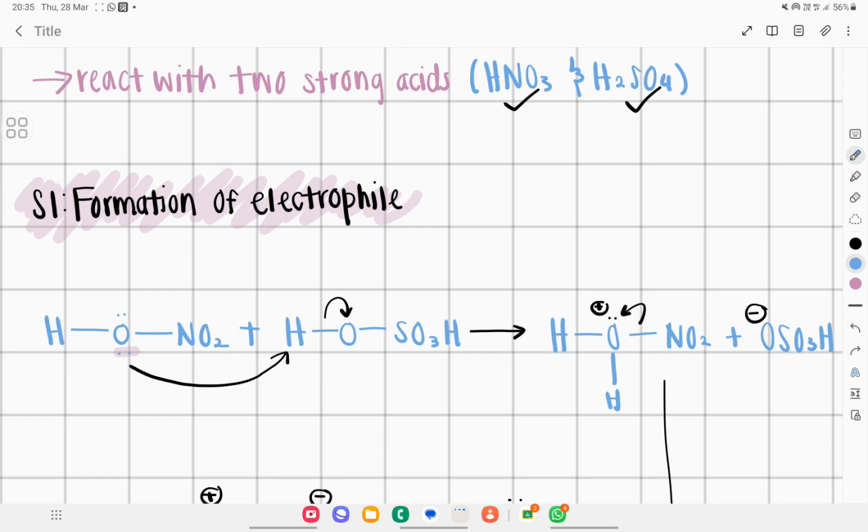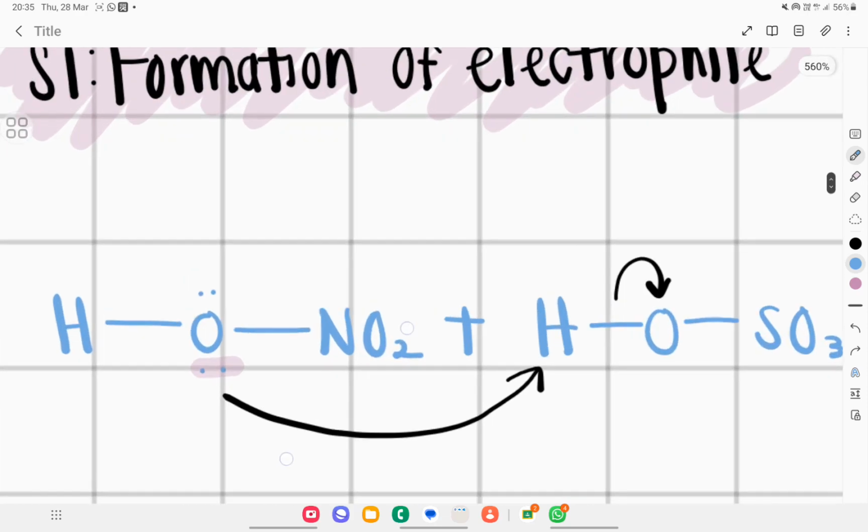As a catalyst, sulfuric acid will facilitate the reaction by providing a medium conducive to proton transfer, but does not become a direct participant in the overall reaction. Let me highlight it right here.